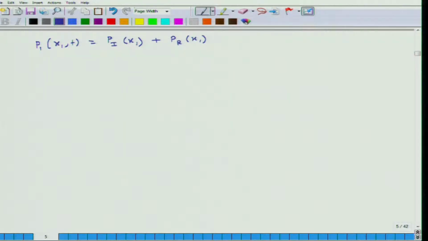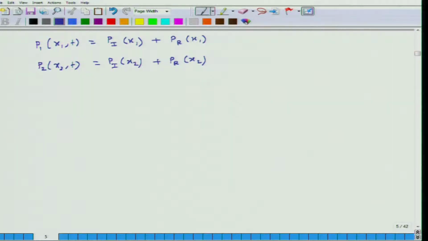Similarly, P2, which is evaluated at location 2, is equal to Pi at x2 plus Pr at x2.